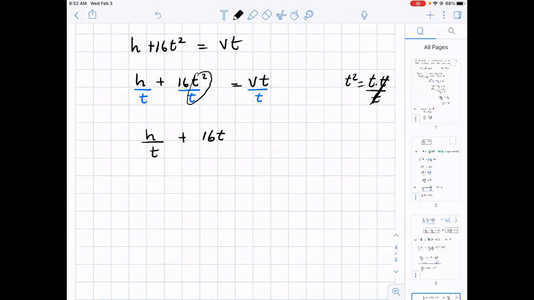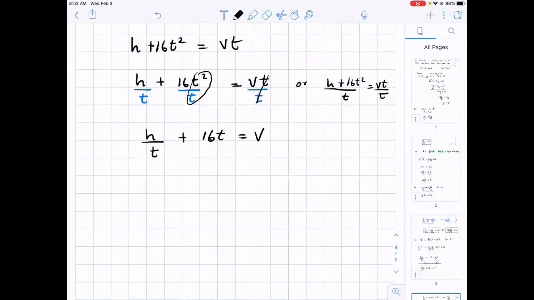Okay, equal, this t will cancel v. Okay, now if you had written it the other way, h plus 16t squared everything over t equals vt over t, then you probably wouldn't have done the simplification and your answer wouldn't be fully correct.